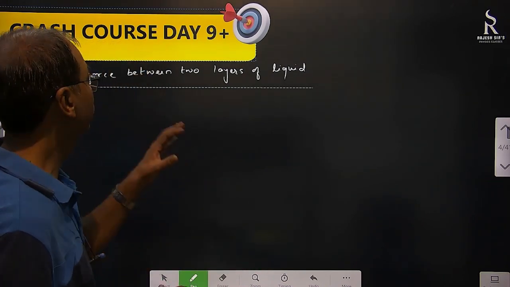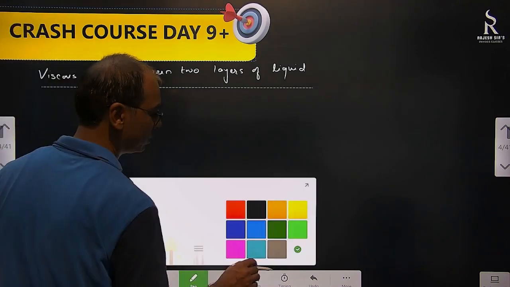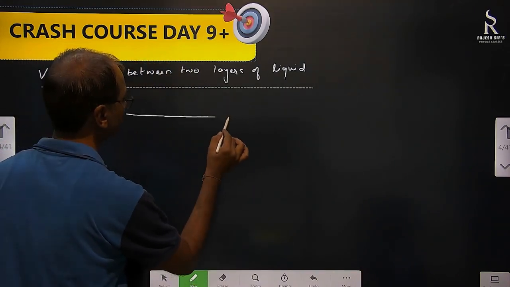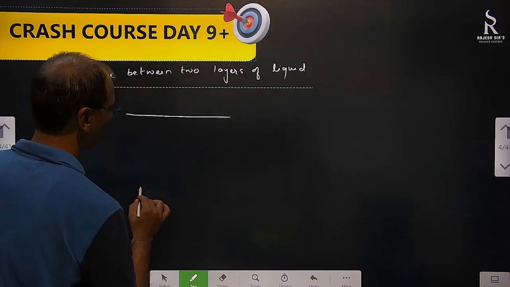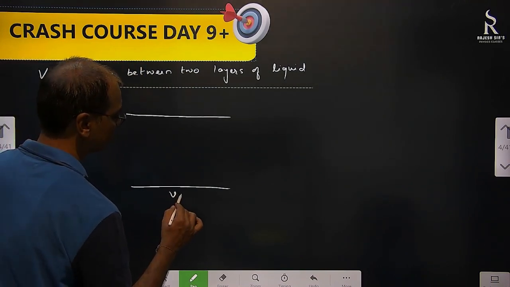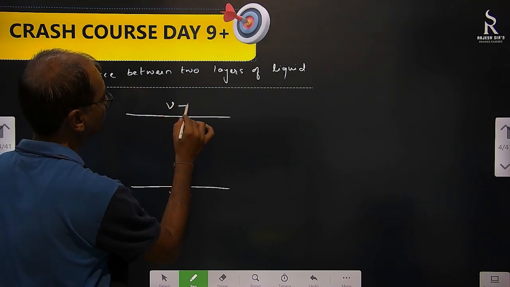So we want to find out what is the viscous force between the layers of liquid. Two layers I am making. Let's say the first one is the top layer, and this is the bottom layer. The bottom layer is almost at rest, its velocity is almost zero, whereas this has a certain velocity.